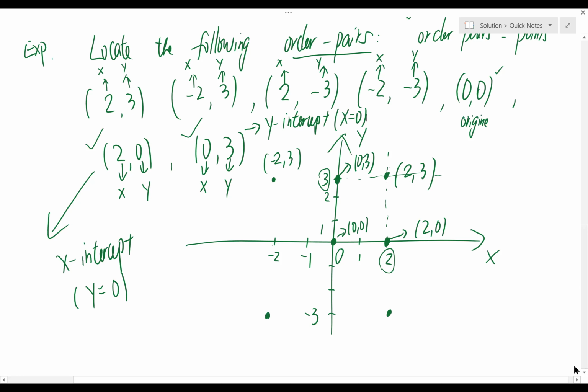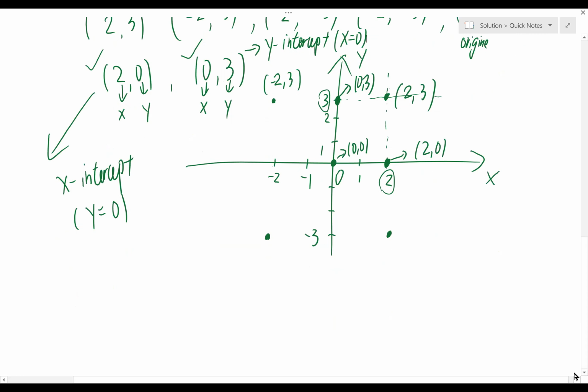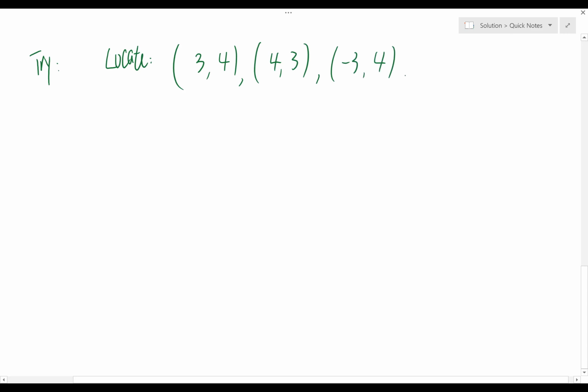All right, so I guess you guys can try to locate these ordered pairs. Let's say 3, 4. 4, 3. 4, -3. -3, -4.